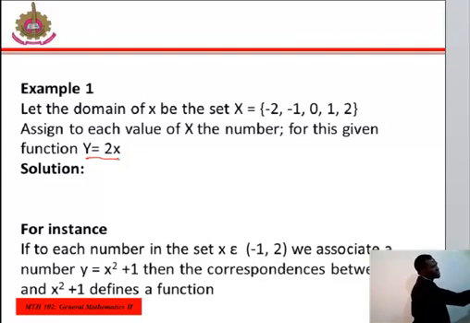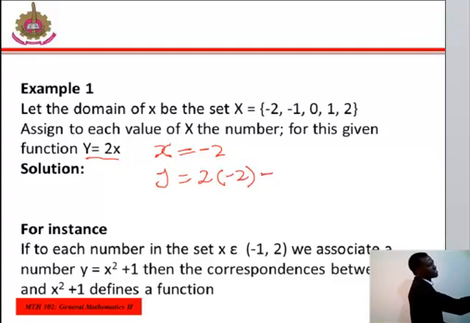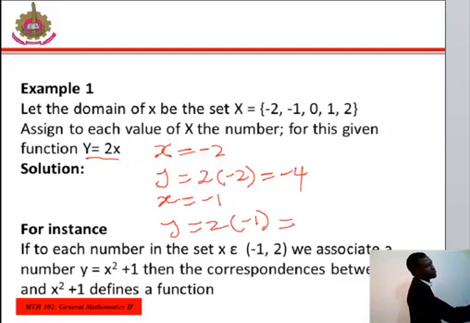Take for instance, when x is equal to -2, then y equals 2 times -2, which equals -4. Also, when x equals -1, y equals 2 times -1, equals -2.